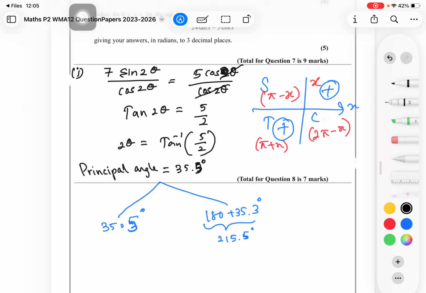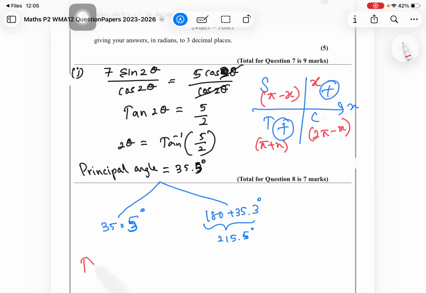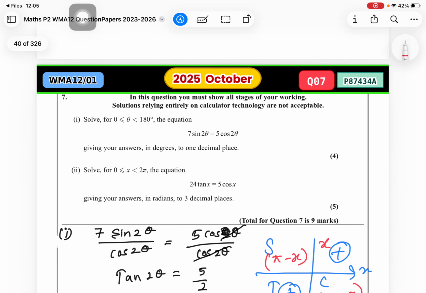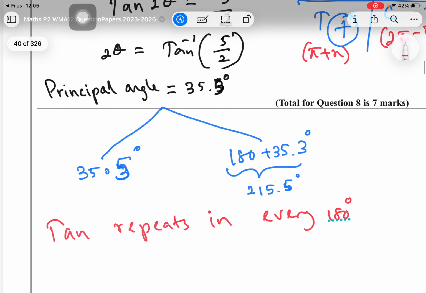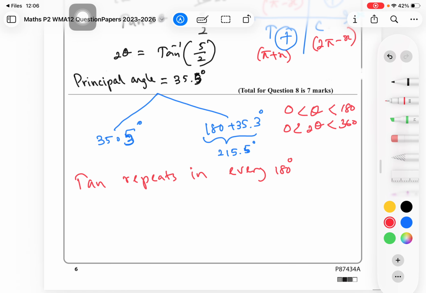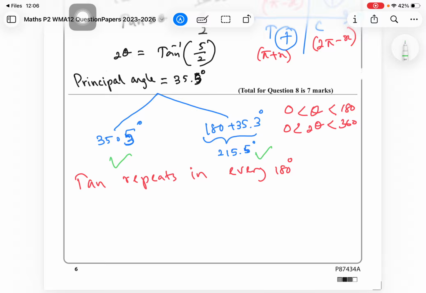Now we know tan theta repeats every 180 degrees, but they have given us the range that theta is between 0 and 180, so 2 theta is between 0 and 360. If we go beyond that, it doesn't give a correct answer, but as of now, both of the two equations that we found are correct.